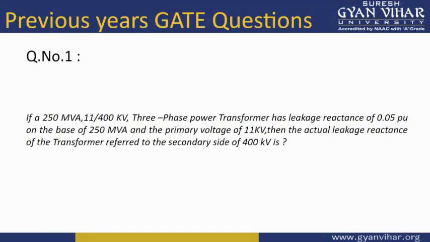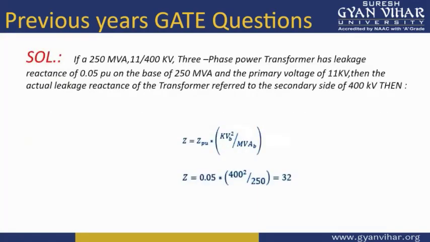It's very easy. We just need to remember the formula that we studied for representing the reactance in per unit quantities in the previous slides. We know that the impedance Z is equal to Z per unit into kVb square upon MVAb square.